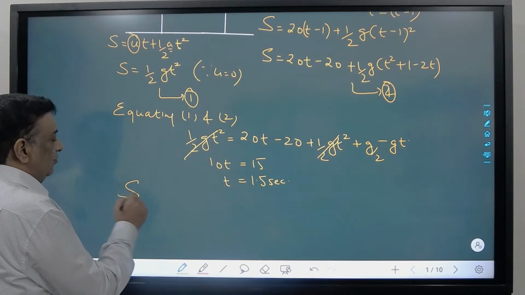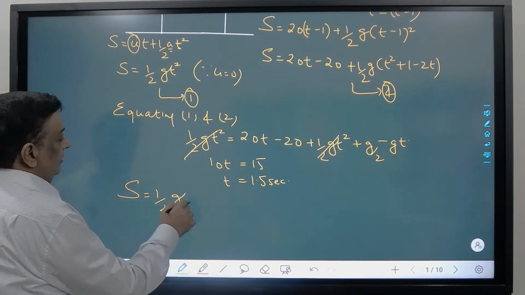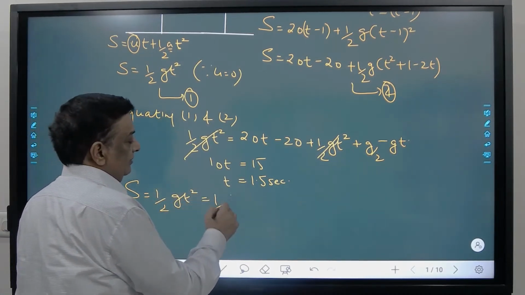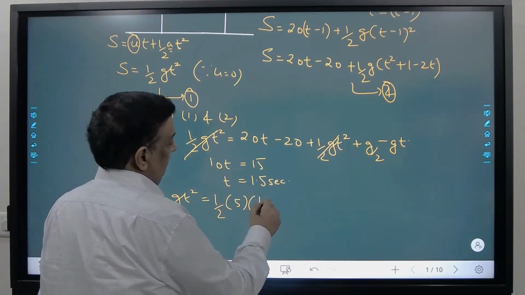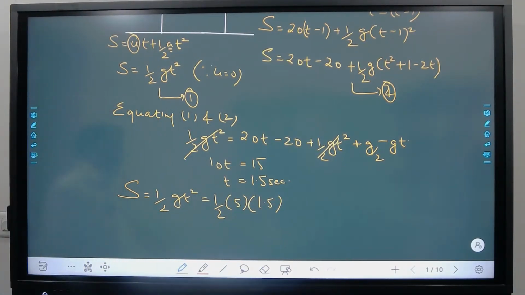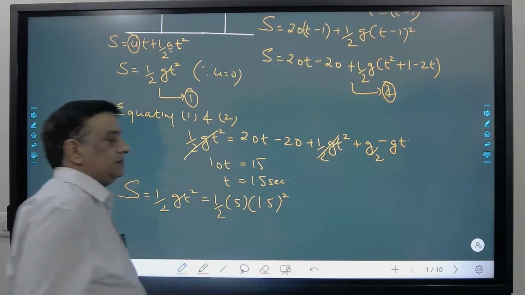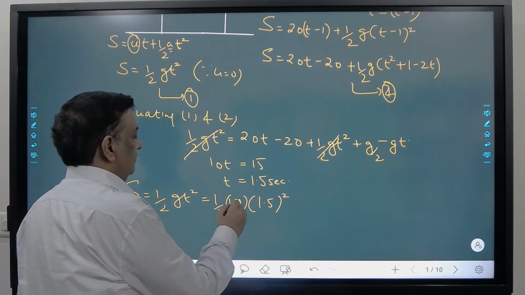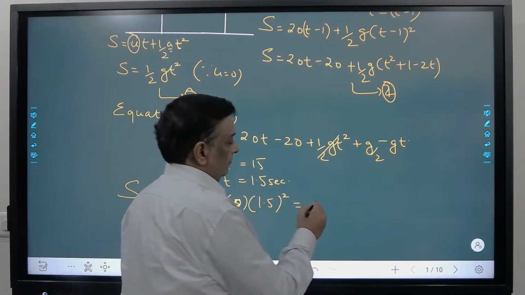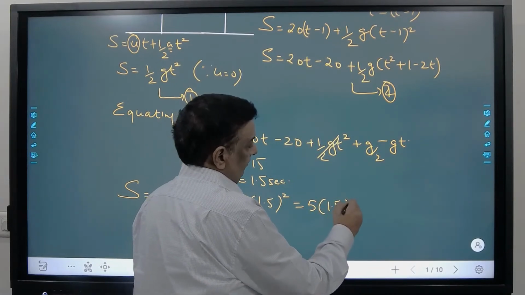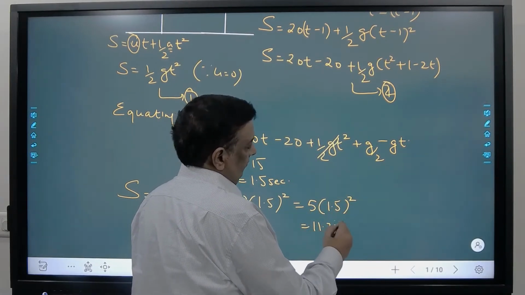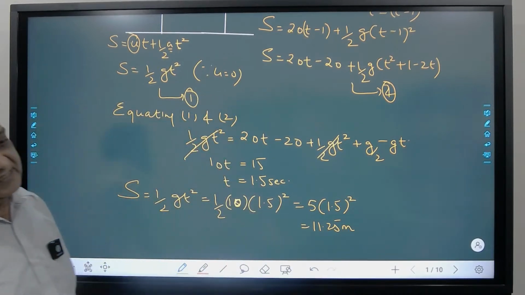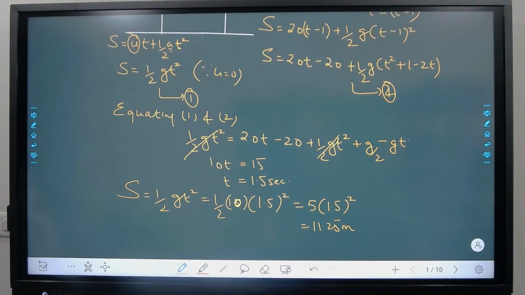And distance traveled by body in this time is half g t square, half into 10 into 1.5 square. So we will get this answer. So after traveling a distance of 11.25 meters, second body will overtake the first one.